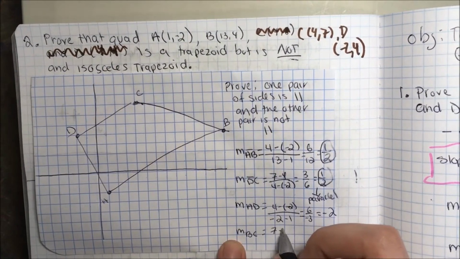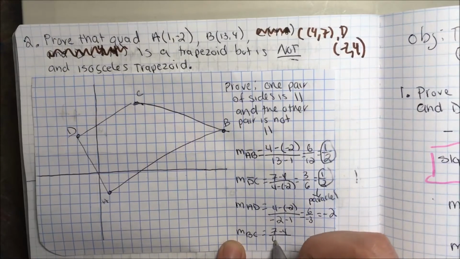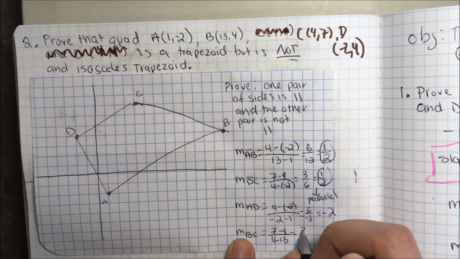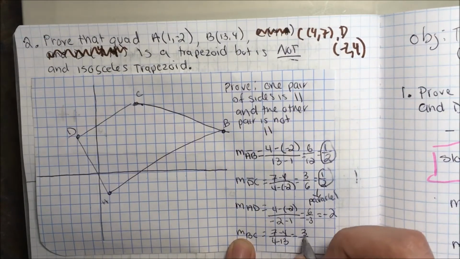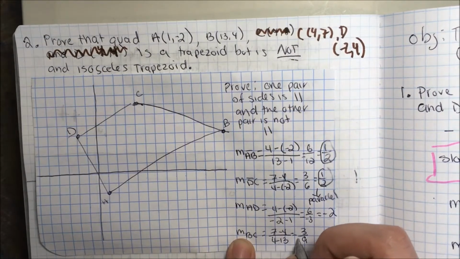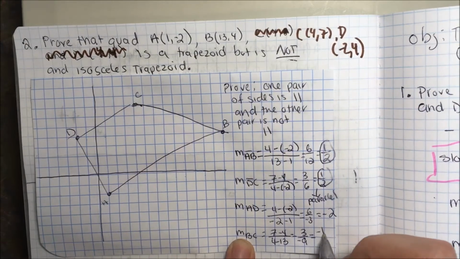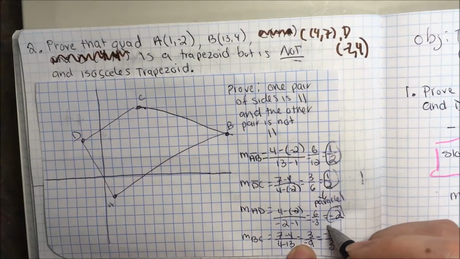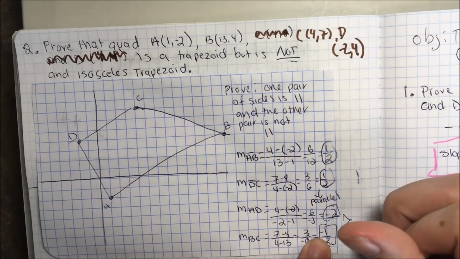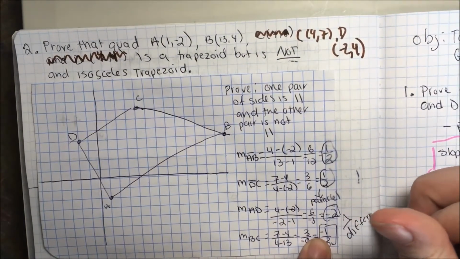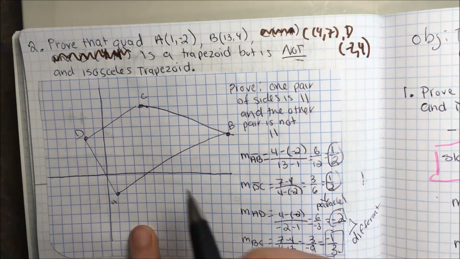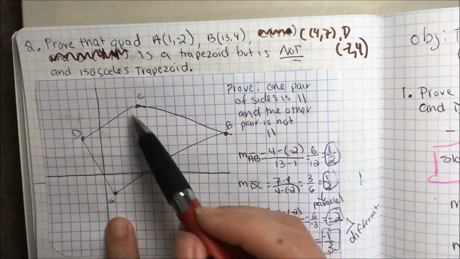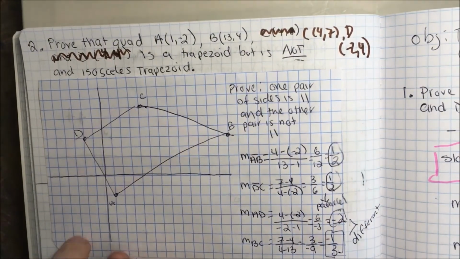And that's going to be 7 minus 4 over 4 minus 13, which is equal to 3 over negative 9, which is equal to negative 1/3. So we can see that these slopes are not the same. They're different. So we just proved that our two other opposite sides are not parallel. So DA is not parallel to CB.